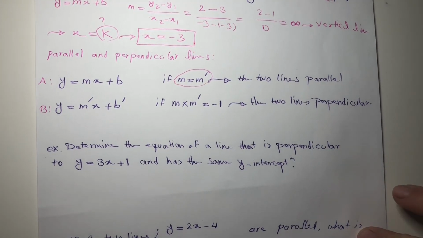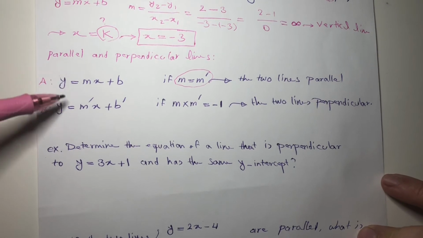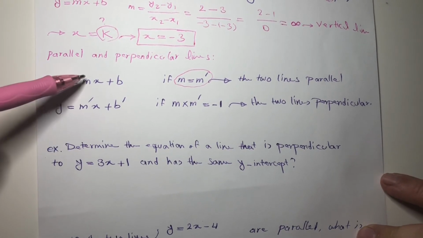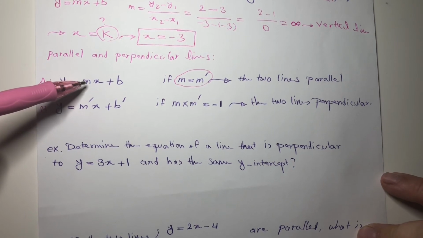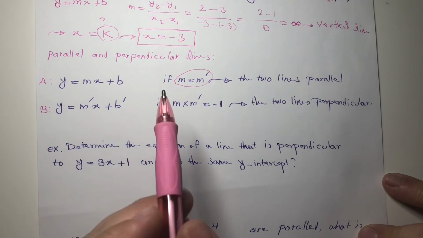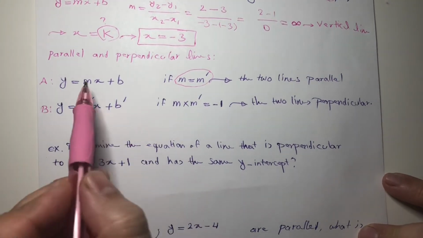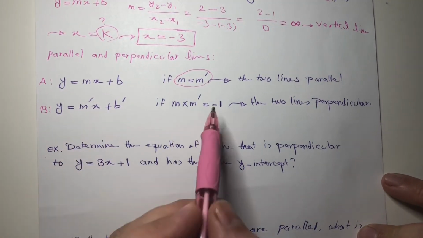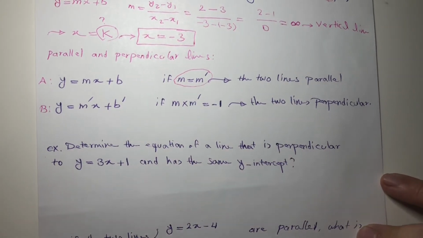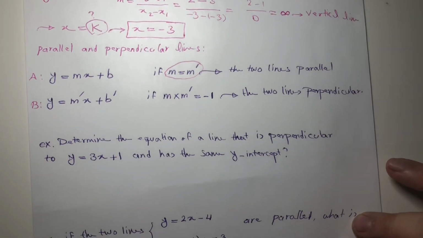So if you see two standard line equations in which the m's are equal, the two lines would be parallel. But in order for the two lines to be perpendicular, you need to have m multiplied by m prime equal to minus 1. If you have this, then the two lines are perpendicular. Let's look at an example.